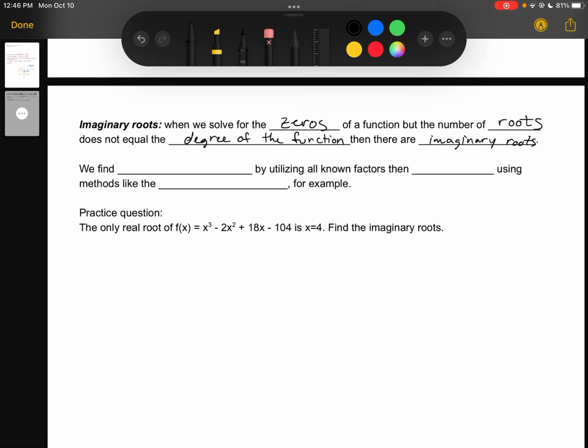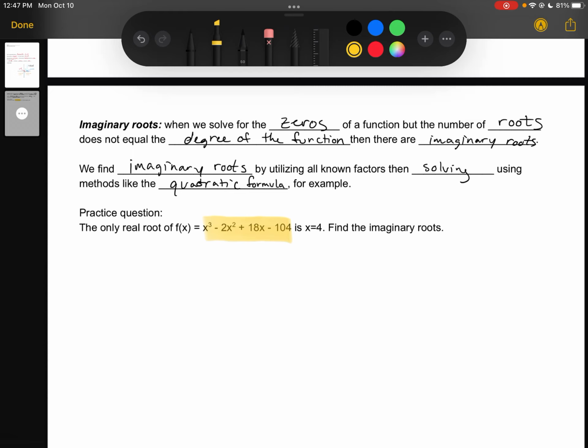How we work through this is we find these imaginary roots, because they're hiding. We have to use some special tools. By utilizing all of the factors that we know, then solving using other methods that we know from the past, something like the quadratic formula is a really good friend. So in our example below for today's practice question, I've already done it, so you can trust me, you don't have to work through it.